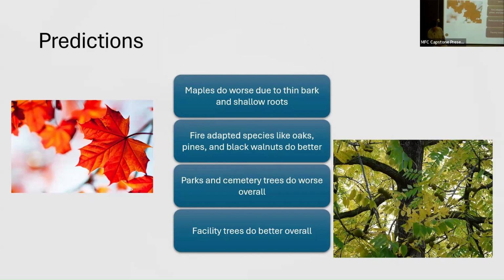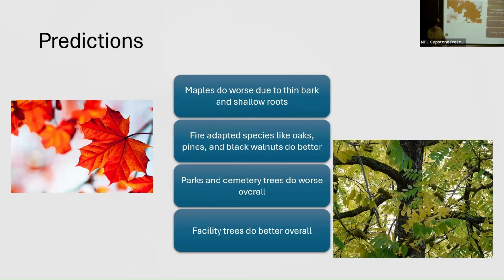In terms of land use, I expect cemetery and park trees to do worse overall because of soil compaction from heavy equipment to maintain the park structures, such as playgrounds and baseball diamonds. And in the cemeteries, there are excavators to dig graves, so lots of potential soil compaction from those.